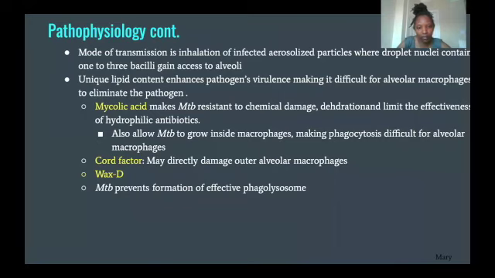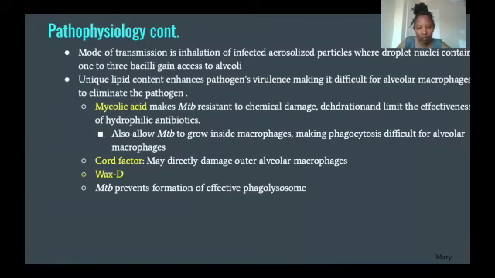Unique lipid content enhances the pathogen's virulence, making it difficult for the alveolar macrophage to eliminate the pathogen. So Mycobacterium has that unique wall that makes it hard for the macrophage to eliminate the pathogen.